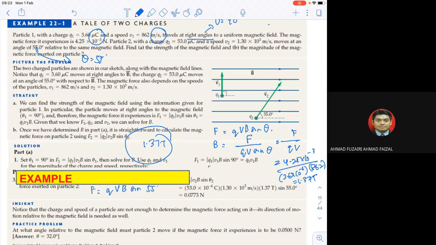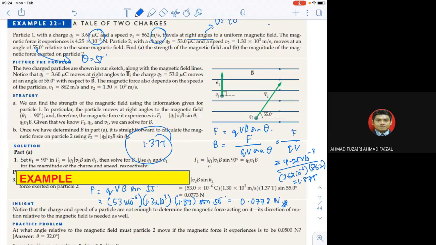Use the same q, 53 times 10 to the power of negative 6. Our v is 1.3 times 10 to the power of 3, and B is 1.37, with sine 55. The answer is 0.0773 Newton.